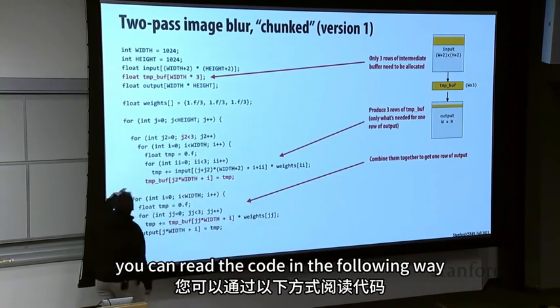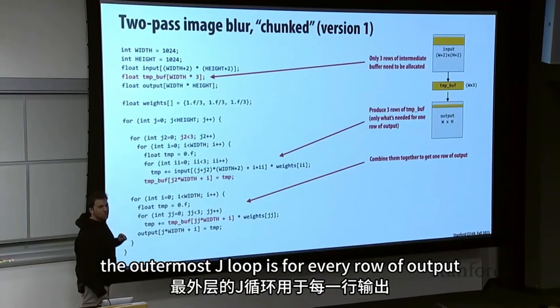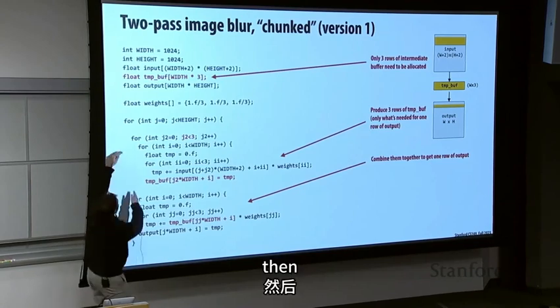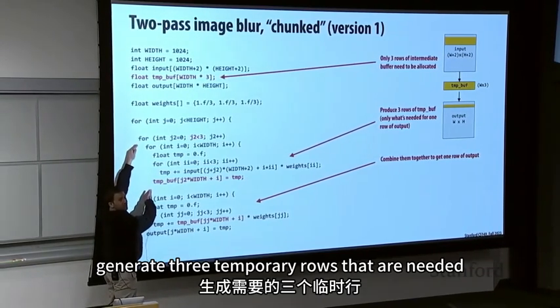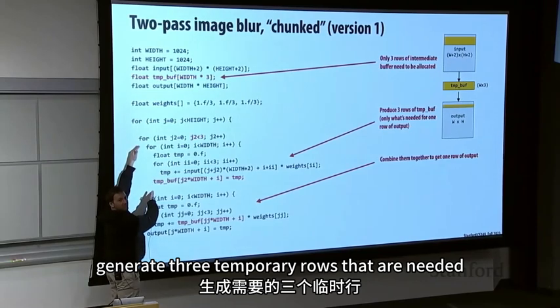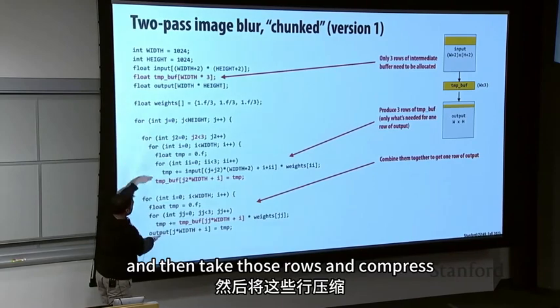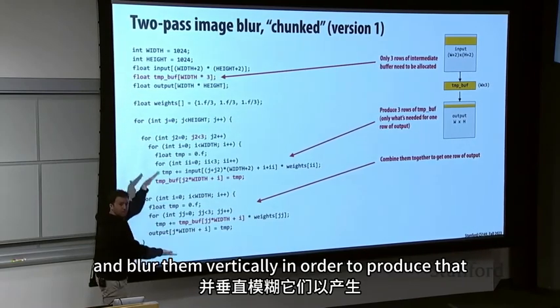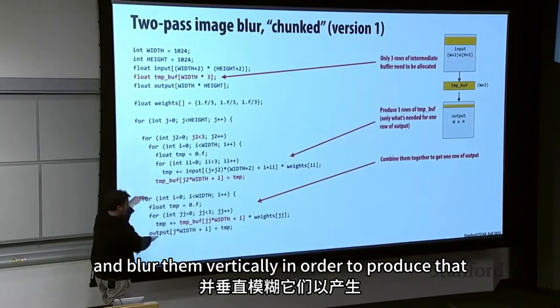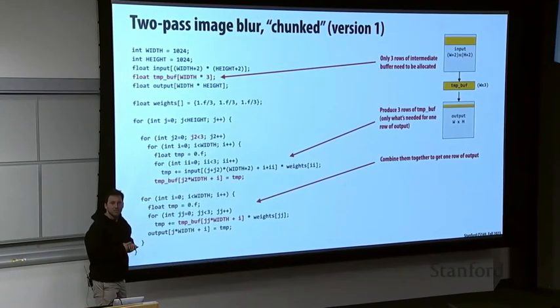You can read the code in the following way. The outermost J loop is for every row of output. Then first generate 3 temporary rows that are needed to produce that row of output. And then take those rows and blur them vertically in order to produce that row of output.